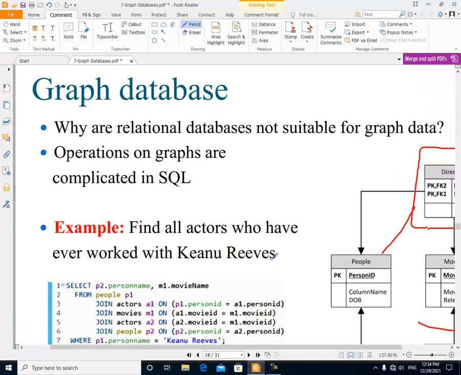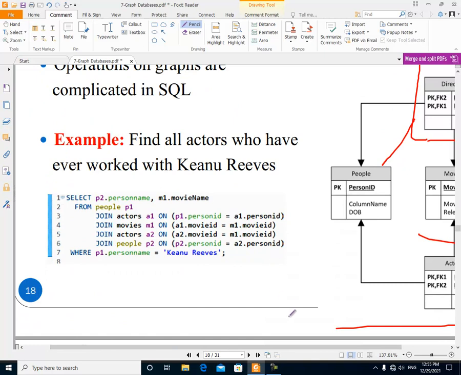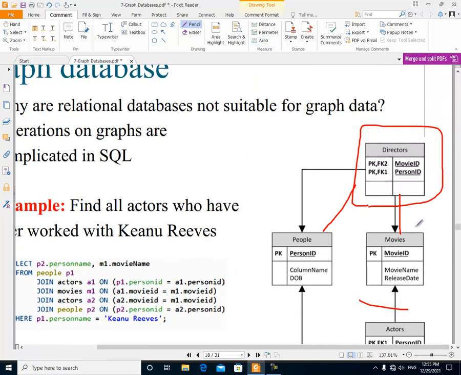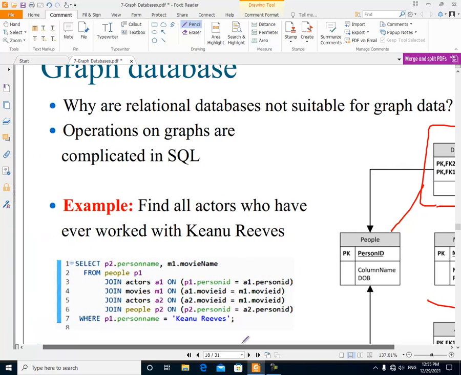The answer is no. In the relational database, we may show some graph data, but it's not suitable because we can't do graph operations in the SQL language. The SQL language is the language we use for doing operations in the relational database. In SQL, we don't have graph operations.